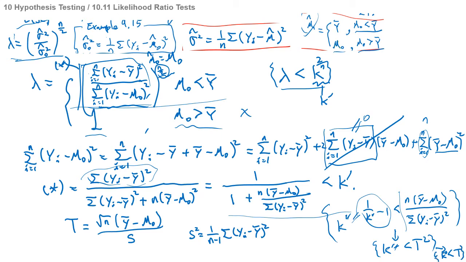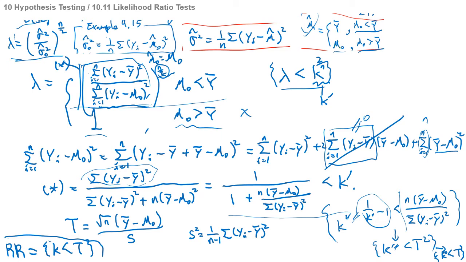So you can derive that the rejection region can be written as t is greater than k. You can rewrite your rejection region this way.